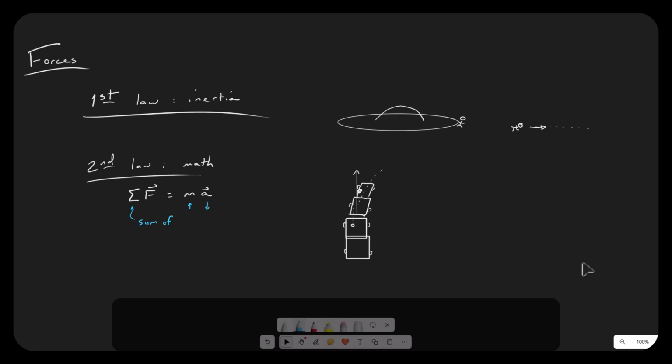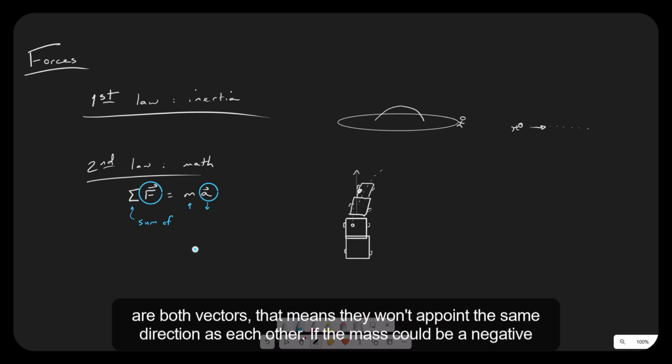Force and acceleration are both vector quantities. Mass is a scalar quantity. If force and acceleration are both vectors, that means that they will need to point in the same direction as each other.